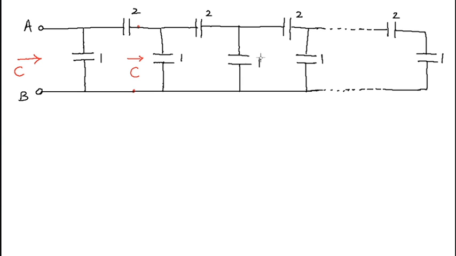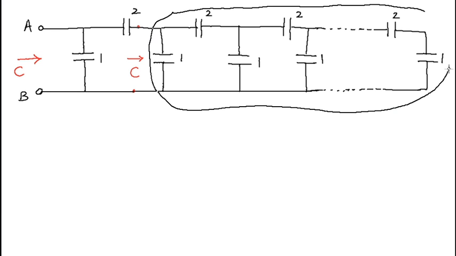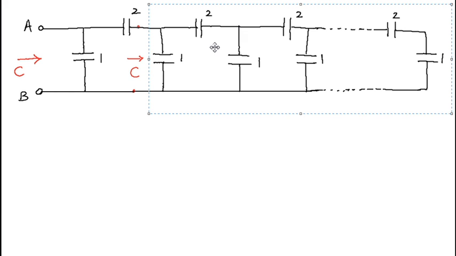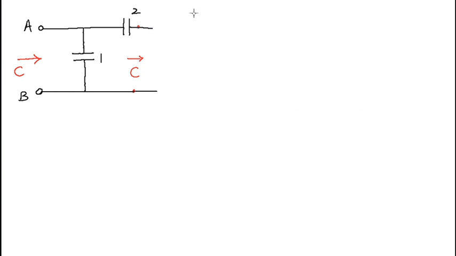In other words, the circuit can now be reduced to the following. I'm going to cut out this part of the circuit and I'm going to replace it with a capacitance C. So I'll first cut it out like that, and now I draw the equivalent capacitance, which of course is C.